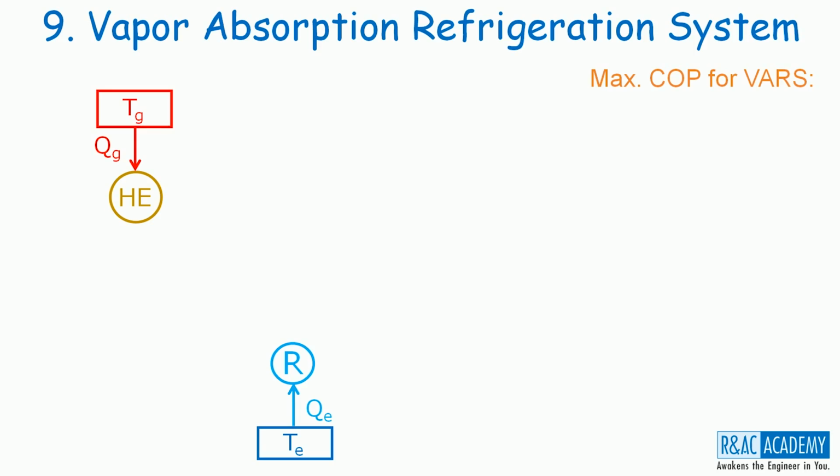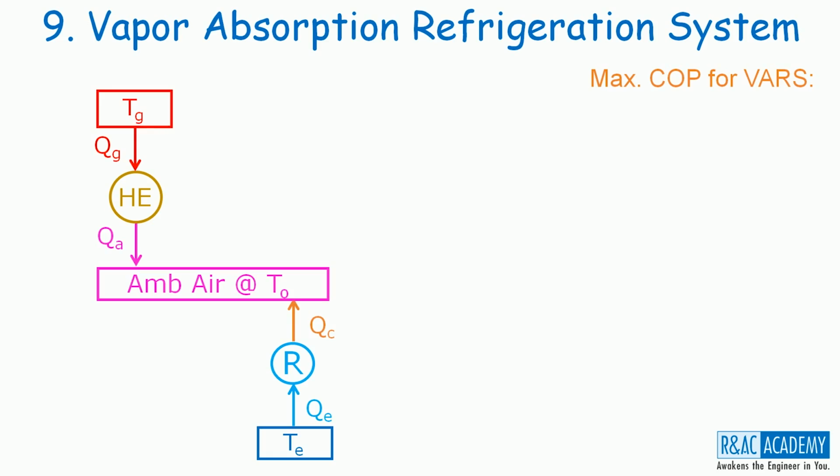And both heat engine as well as the refrigeration system need a medium to reject heat to. Let ambient air at temperature TO be the medium to receive that heat rejected by both heat engine as well as the refrigeration system. Heat engine is rejecting heat QA to the ambient air and refrigeration system is rejecting heat QC to the ambient air.